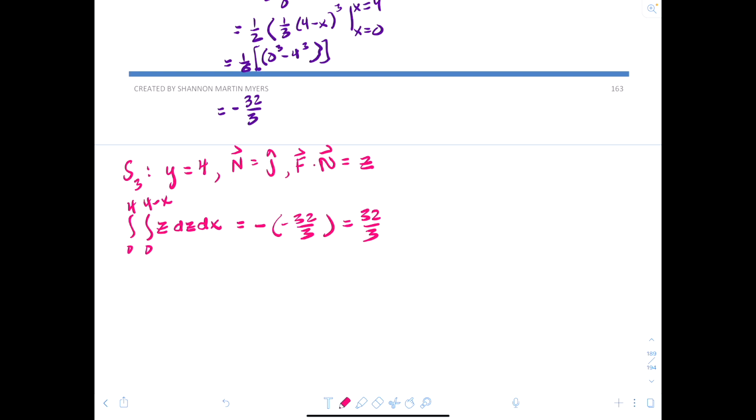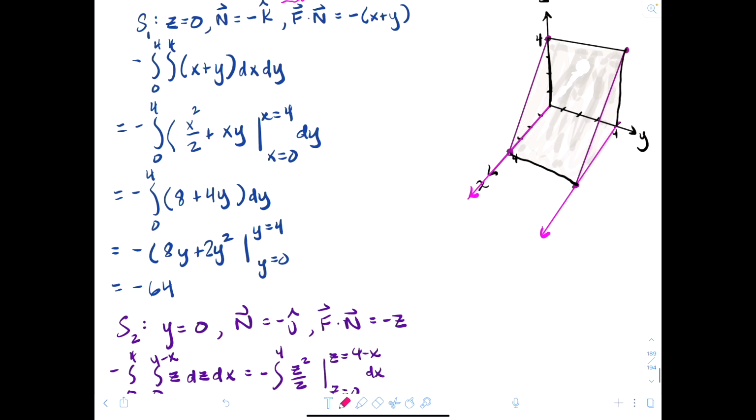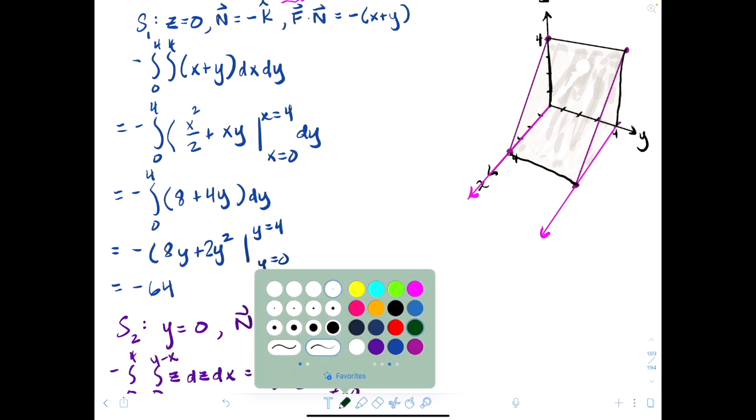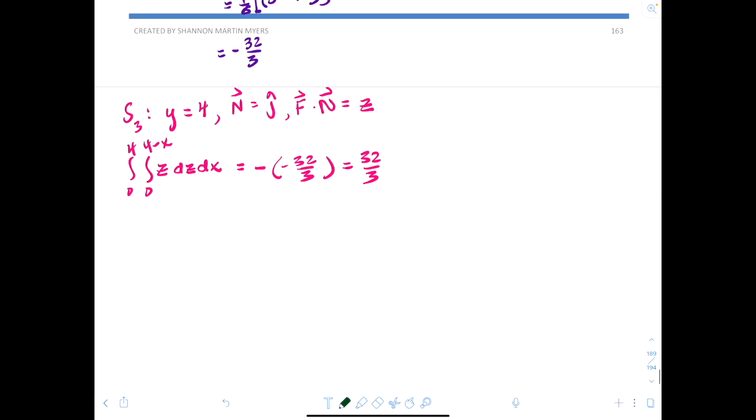All right, our next surface will be when x is 0. So it'll be pointing out from the back, actually, of the shape here. All right? So continuing, surface 4 will be when x is equal to 0.